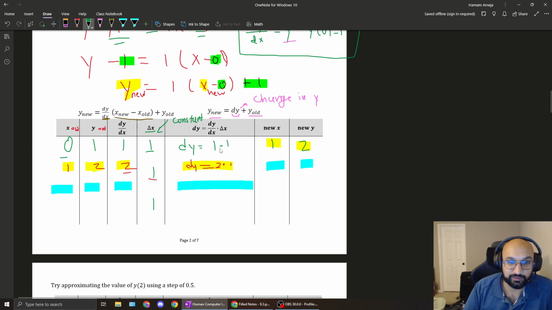It's 2 times 1, so therefore dy is 2. So then our new x is going to be our old x plus delta x. That makes 2. And then our next value is going to be the old y plus the dy, which is 4. So what is our approximation? Our approximation is 4. Oh no, we're not at 2 yet, sorry. We've got to do this one more step.